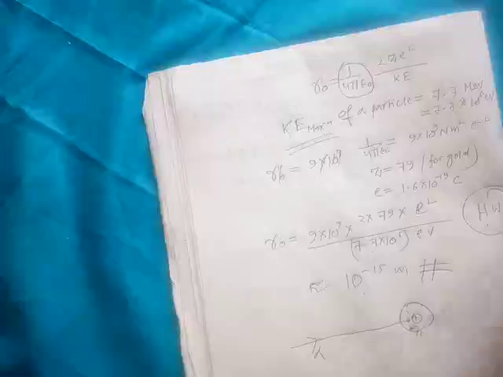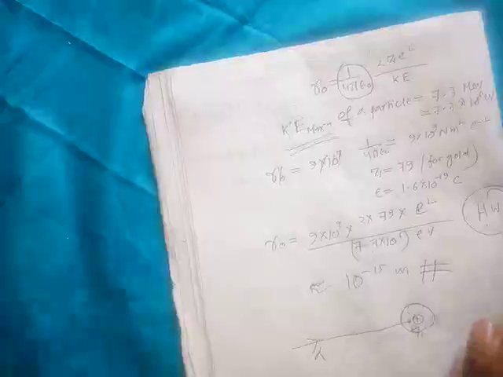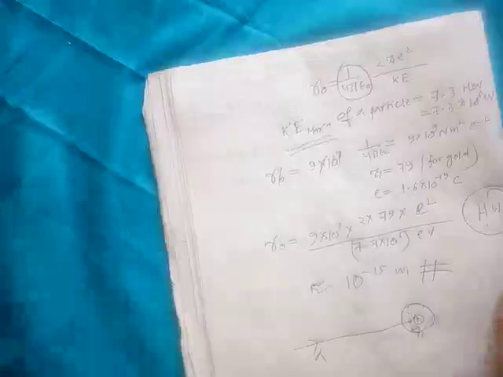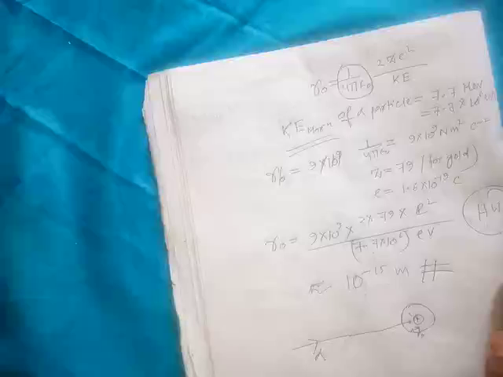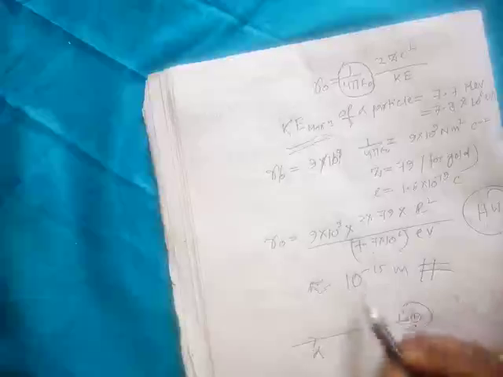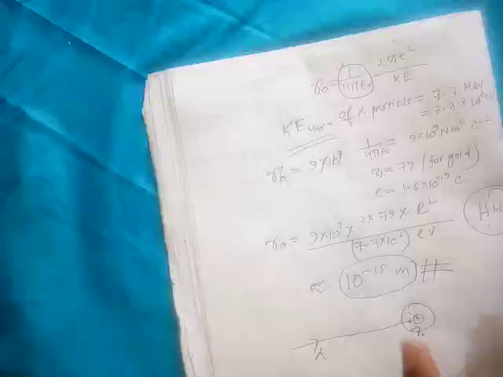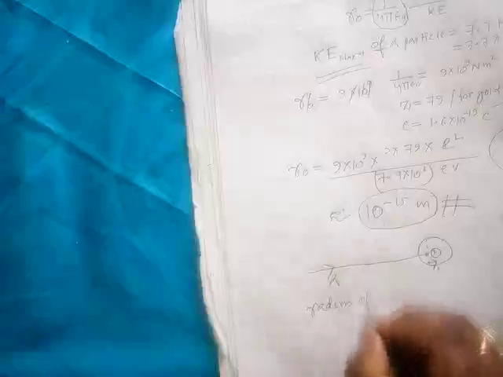So obviously the size of the nucleus could not be greater than this value, could not be greater in this range. Am I right? It will have to be either equal to or smaller than this value. Is it okay? And that is why the radius of a nucleus is always in the range of 10 to the power minus 15 meter, right?